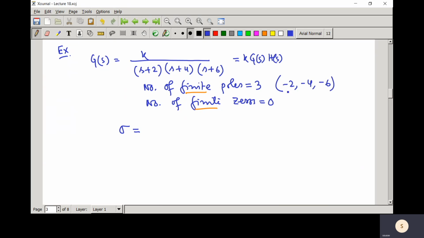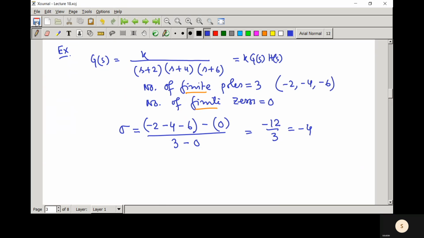The summation of finite poles is -2, -4, -6, minus 0, there is no finite zero, divided by 3 minus 0. So that is -12 divided by 3, that is equal to -4. So the centroid is at -4.